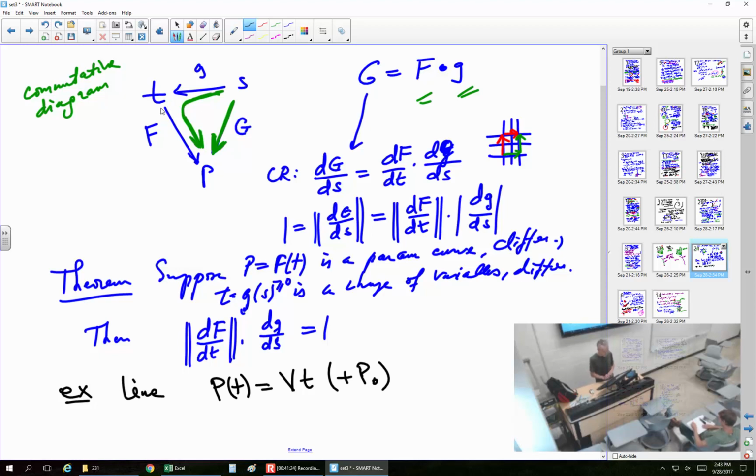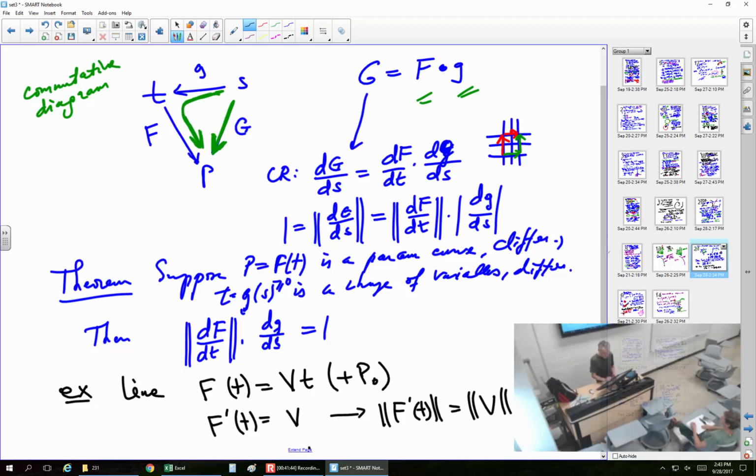Okay, so then, I'm sorry, this is f of t, if I want to use the same notation. So then f prime of t is v. And so then, well, actually, we don't have to do any work here. It is just the magnitude of the velocity. Then the speed is in fact the magnitude of v.